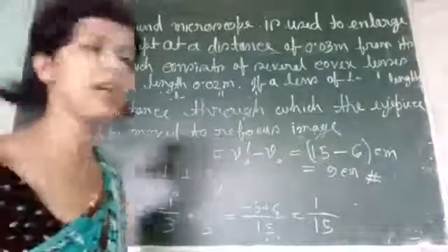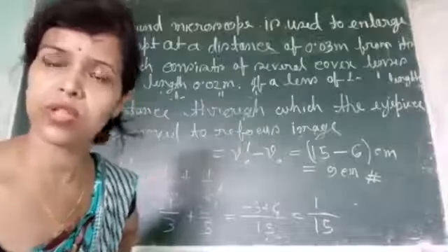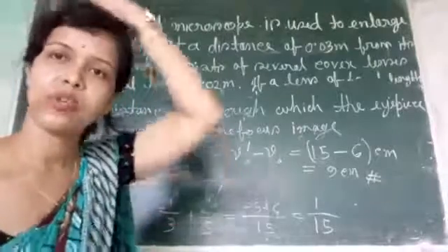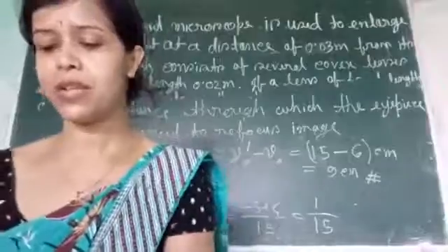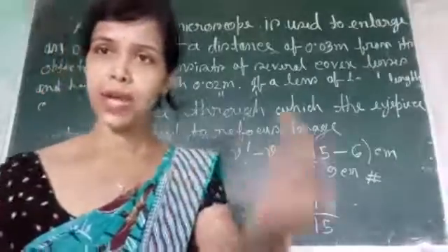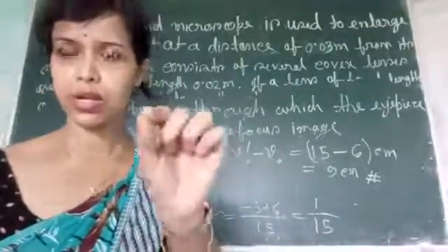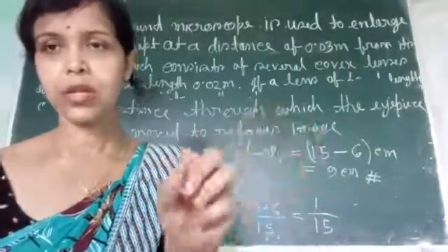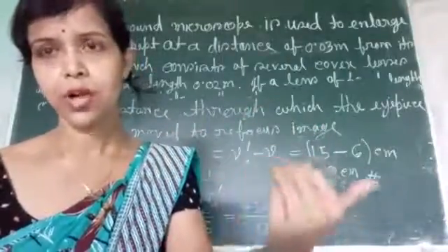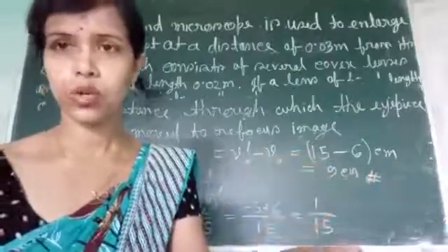So are you clear how we have got this result? First we applied the lens equation, and after applying the lens equation we got the result V naught, the image distance for the compound microscope.